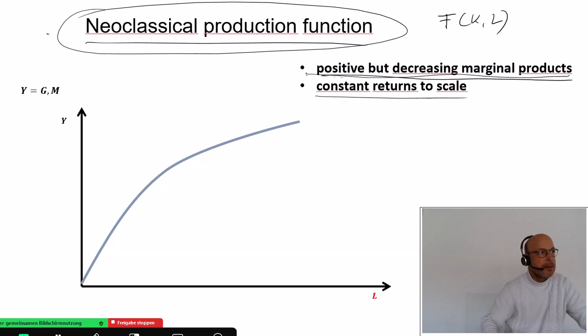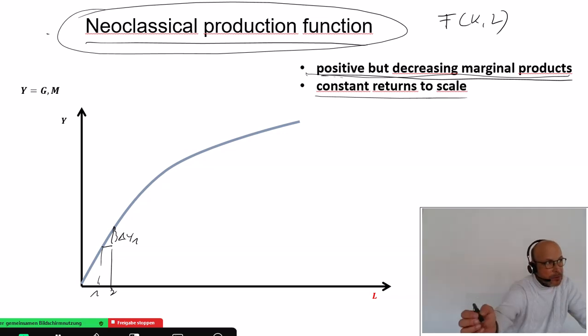What does it mean? Of course, if I increase my input, then I increase my output, but the additional output of every new input unit will be smaller than before. So here, maybe from 1 to 2, hiring another guy means this additional output, delta y1.